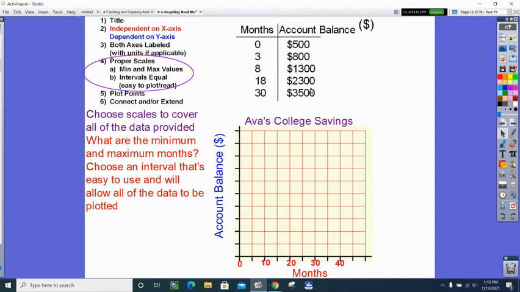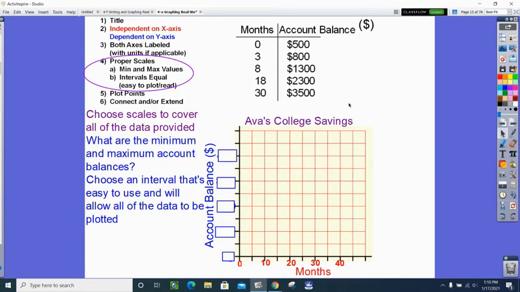Okay, now we've got to go over here and look at what number is going to go on each of these blocks going up. So now as we look, we have to go from 500 to at least 3,500. And again, I'd like to have some extra up here so that I can extend and make predictions. So if I was to go by hundreds, I'm only going to get up to 1,000.